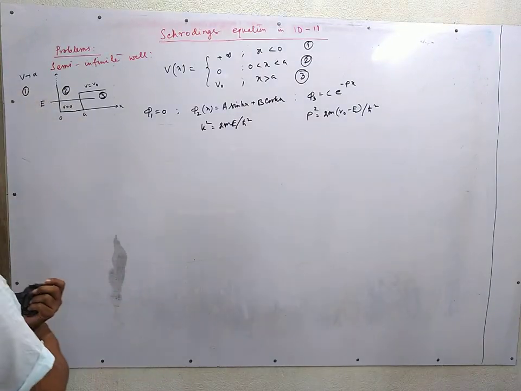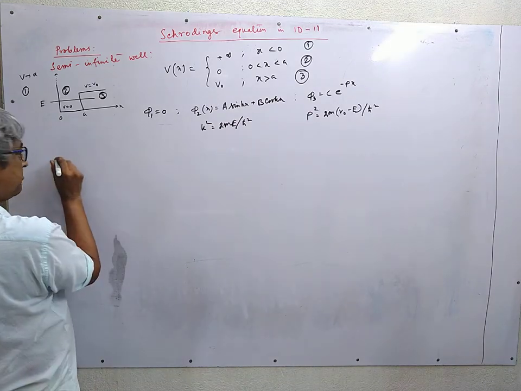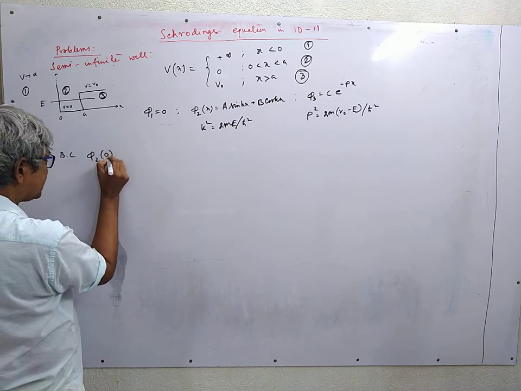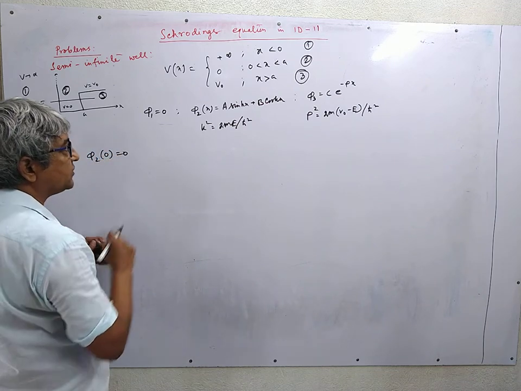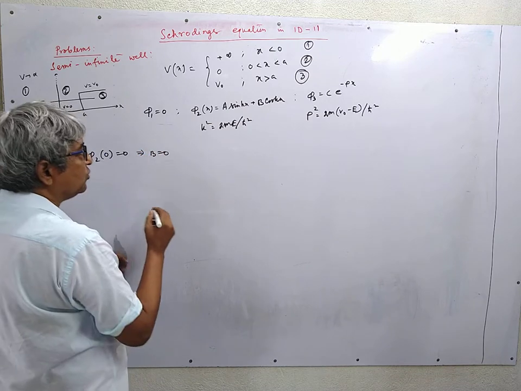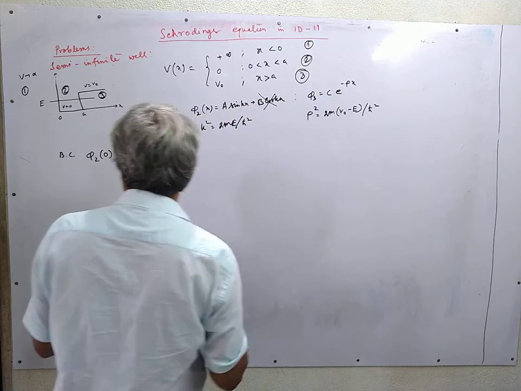The first boundary condition is that phi 2 at x equal to 0 has to be 0. This clearly indicates that B is equal to 0, so this part goes, and the simplified form is this.